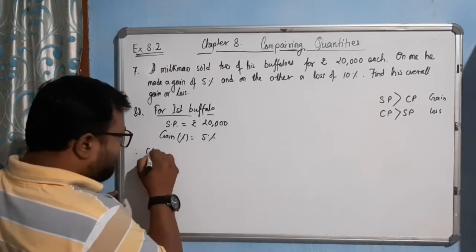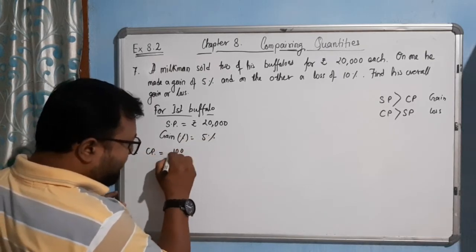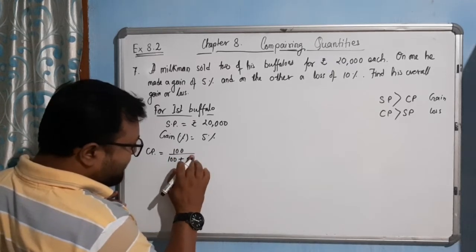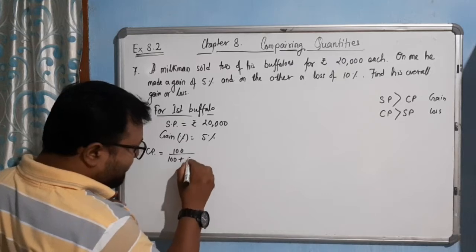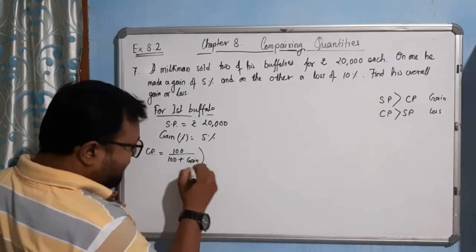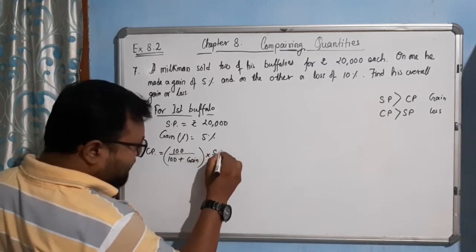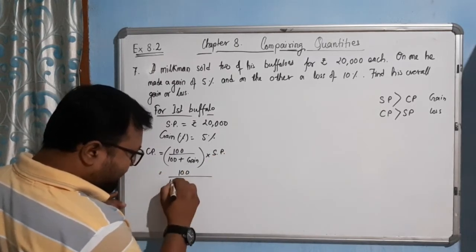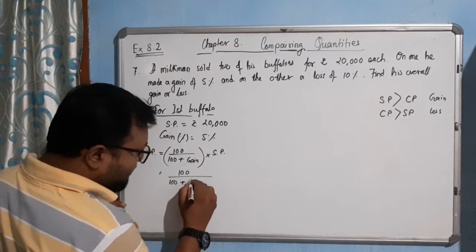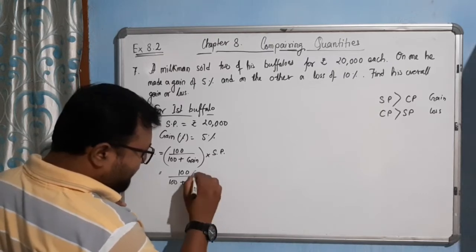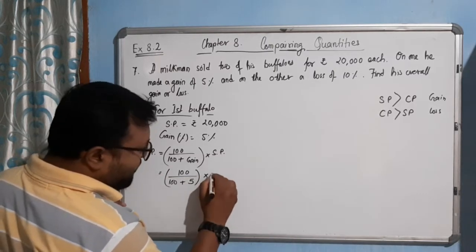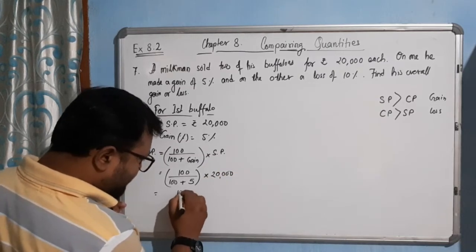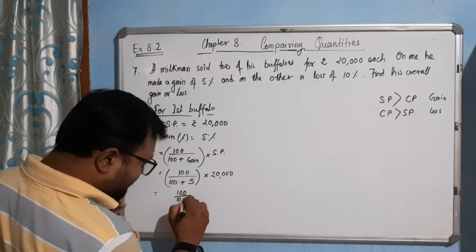Therefore, cost price is equal to 100 by 100 plus gain percentage into selling price. Let me write the formula first: cost price equals 100 by 100 plus 5 into 20,000. So it will be 100 by 105 into 20,000.